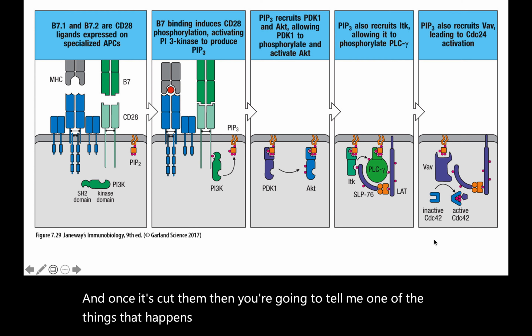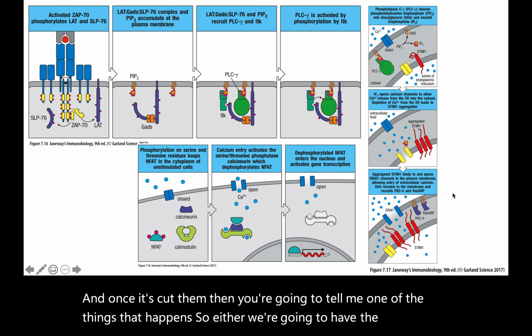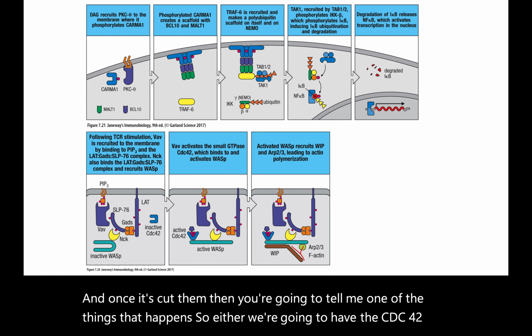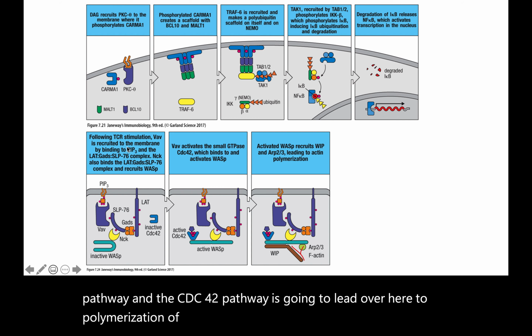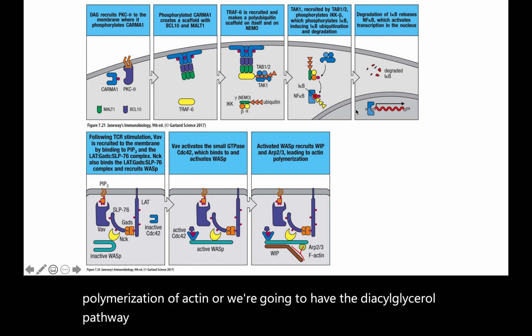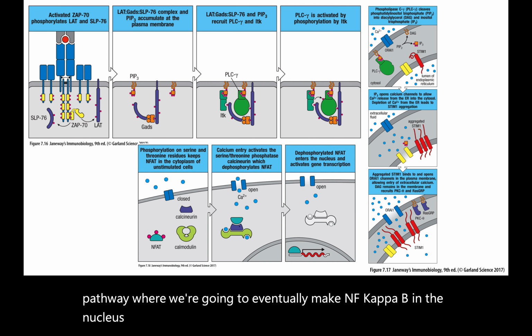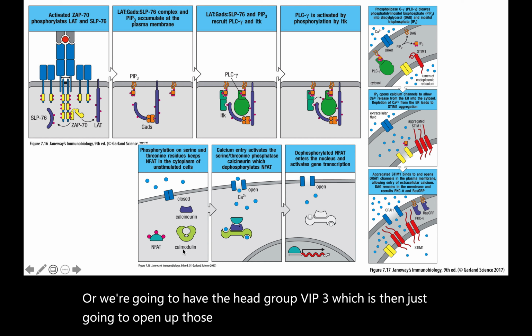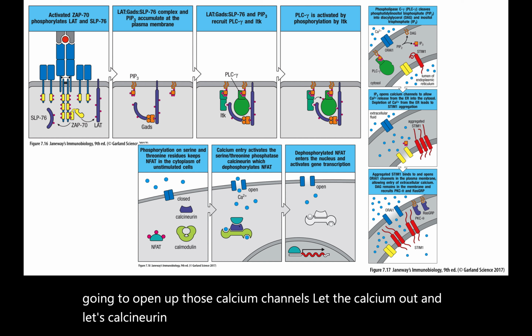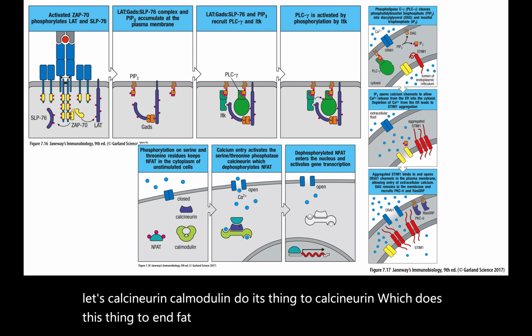So either we're going to have the CDC42 pathway, and the CDC42 pathway is going to lead over here to polymerization of actin, or we're going to have the diacylglycerol pathway, where we're going to eventually make NF-kappa B in the nucleus doing transcription, or we're going to have the head group, the IP3, which is then just going to open up those calcium channels, let the calcium out, and let calmodulin do its thing to calcineurin, which does its thing to NFAT, which then gives you NFAT transcription.